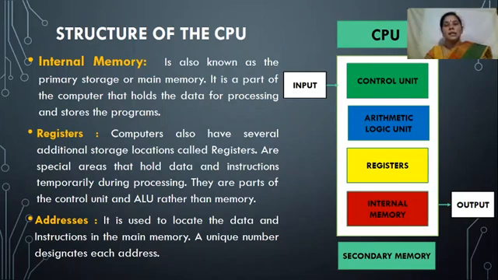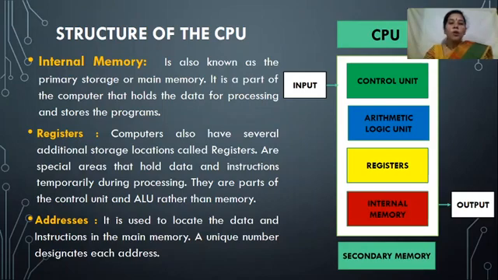All these are input devices. The signal is passed through the input and taken through the control unit. It is stored there and carried to the arithmetic and logic unit. Then it passes through your registers and the internal memory, and then it is transferred and seen on your output screen, that is, your monitor.